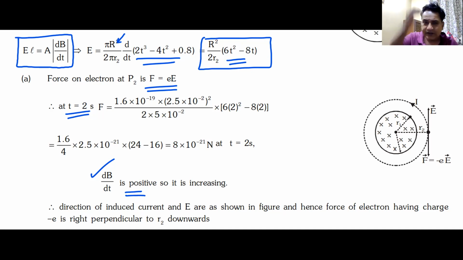So it should create a field in the outward direction. From there you can find the direction of current. Direction of current is the same as the direction of electric field, and the force on the negative charge, the electron, would be opposite to that direction, and hence you will have the force acting downwards. Do we understand this, beta? Yes, sir.